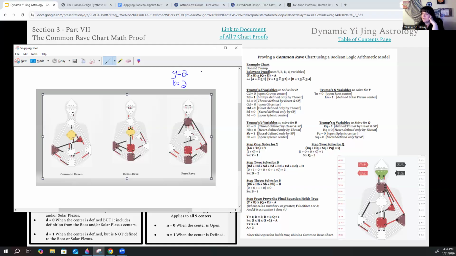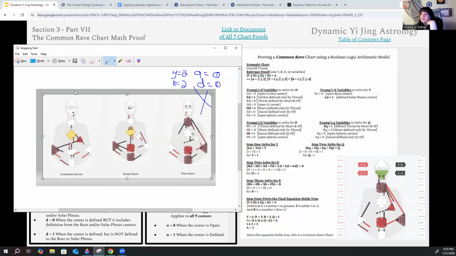That's where it does okay in the proof, but then Q and D are 0. So they can't both be 0, because this causes A to be 0. So 2 times 2 is 4, times 0 is 0. We want A to be a number greater than 1. So that fails the common rave.